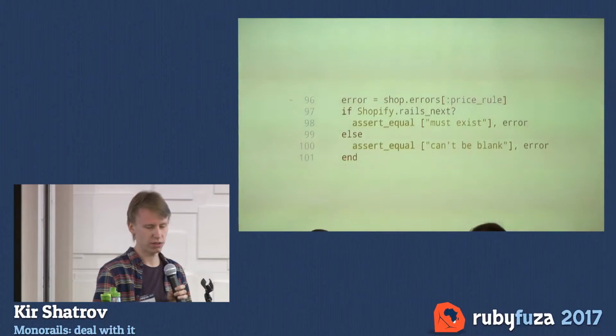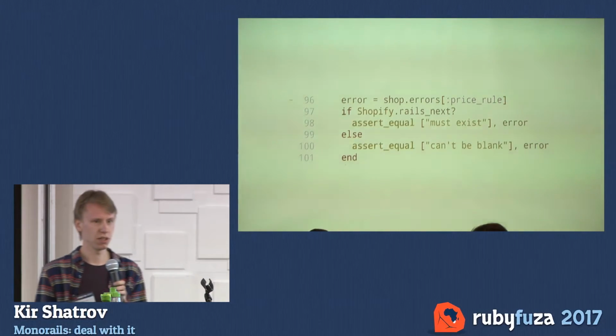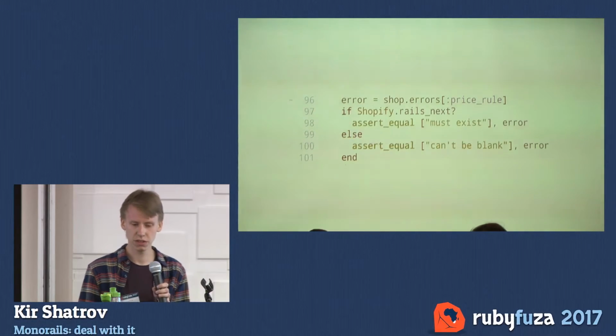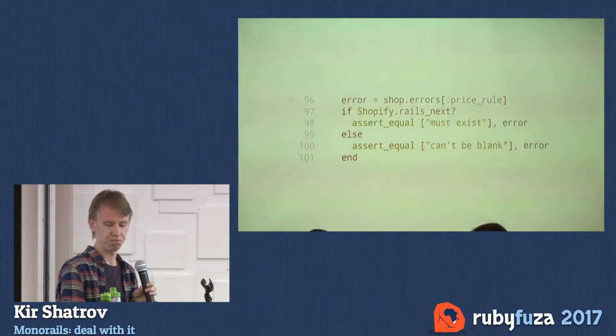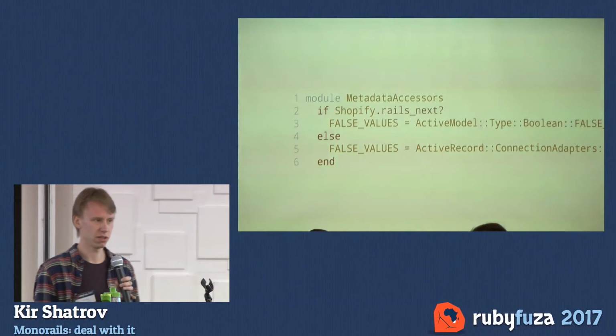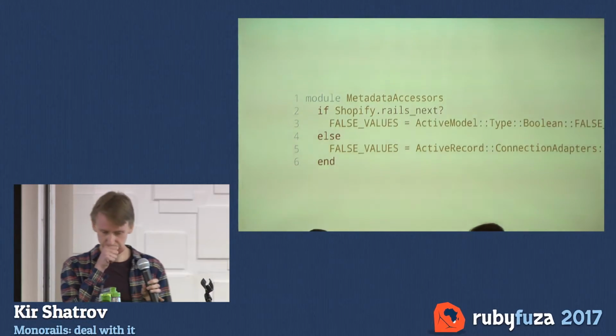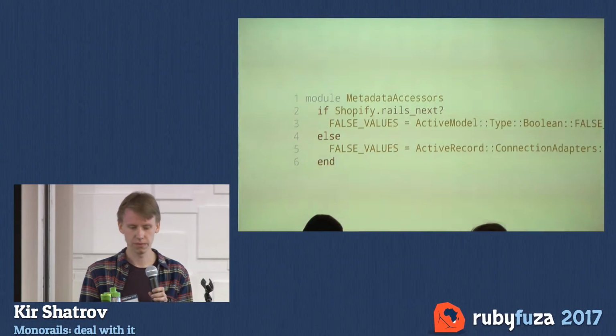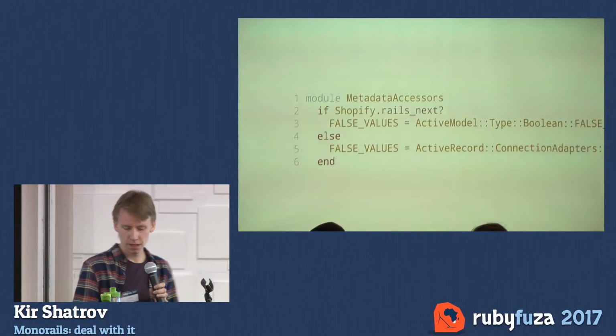The same thing applied to code. Sometimes we use different code paths and conditions depending on the Rails version. Here are some examples. For instance, Rails moved some internal constants into a different location, so we had to be compatible with that.